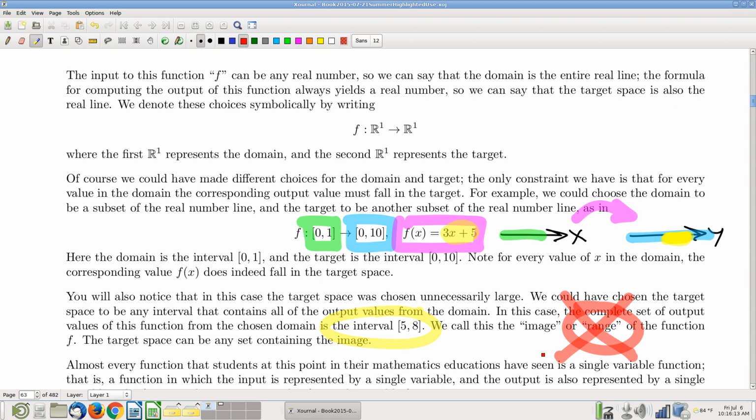If the outputs don't actually fill up the target, if the range is not equal to the target, which very often is the case, then that's not true.